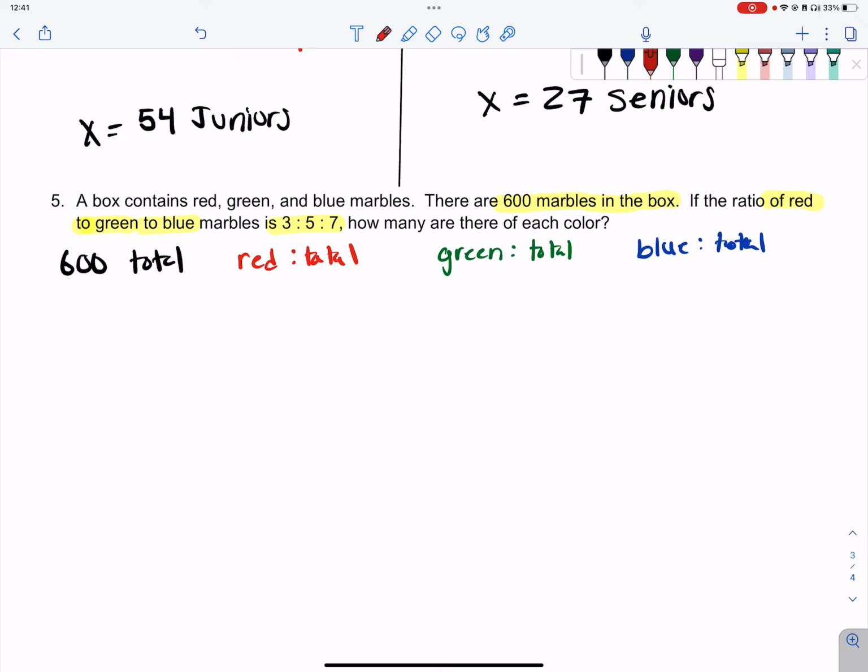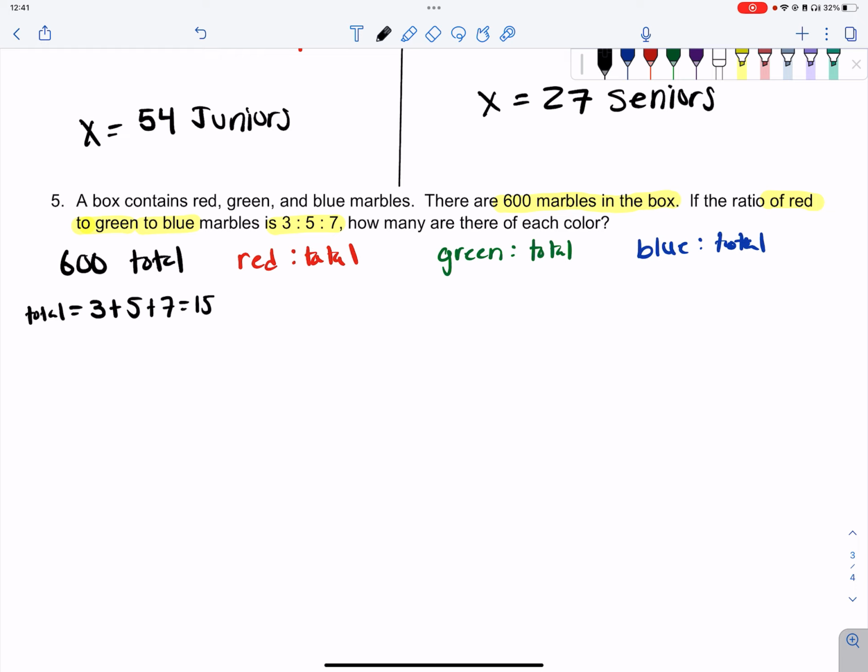Well, how can we figure out a total with this ratio of 3 to 5 to 7? Well, I can add those all together because I know for every 3 red ones, there have to be 5 green and 7 blue. So 3 plus 5 plus 7 gives us 15.